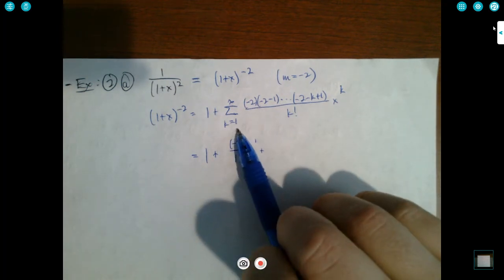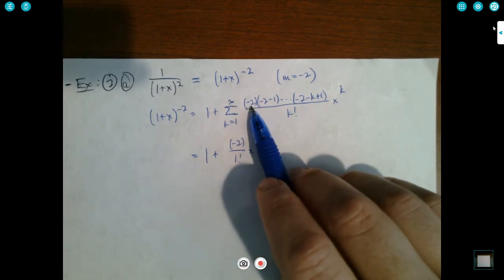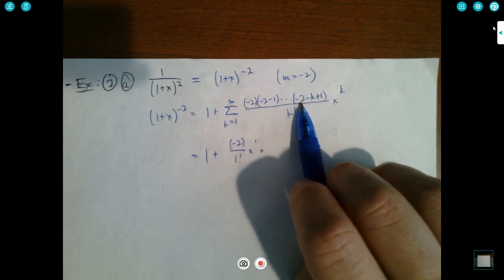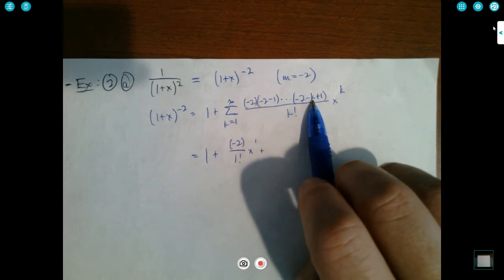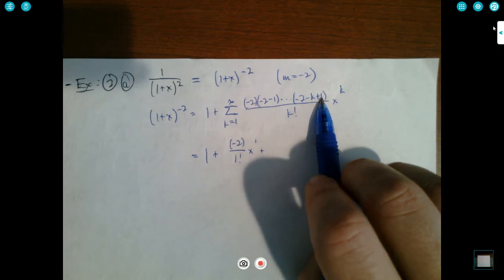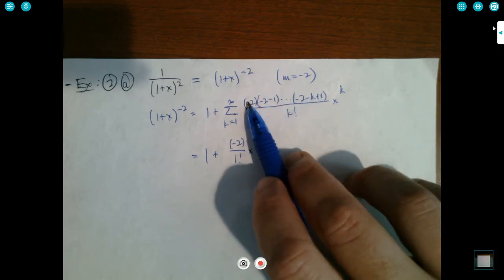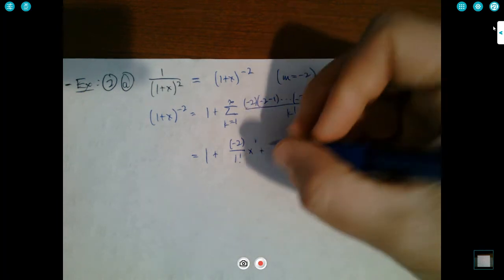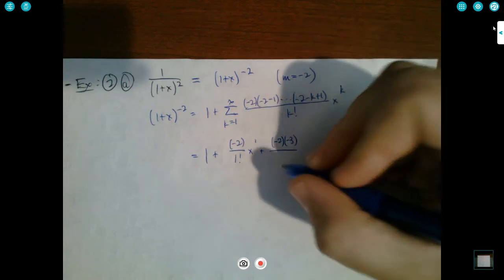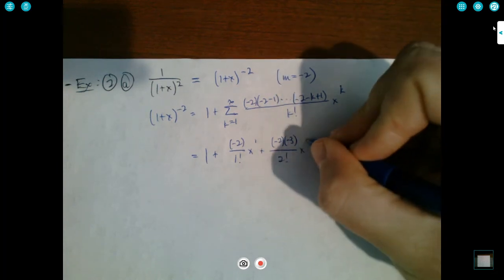If you plug in k equals 2, then in the numerator you're going to have negative 2, and then you're going to stop at negative 2 minus 2, which is negative 4, plus 1, which is negative 3. So you're going to have negative 2 times negative 3, and that's as far as it goes, over 2 factorial x squared.